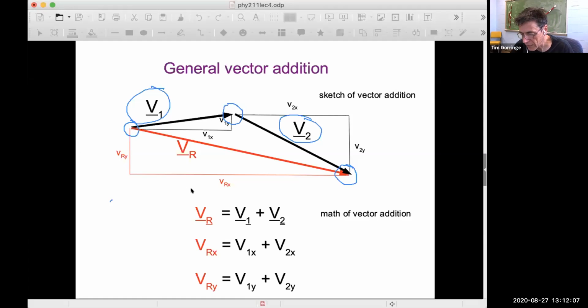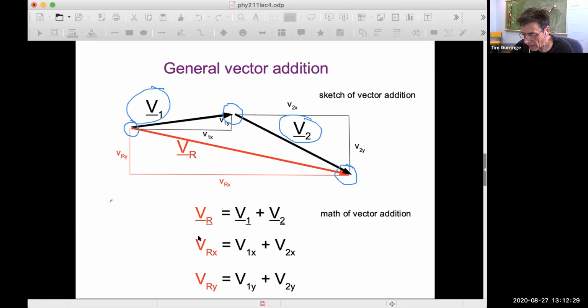So the key thing about adding together vectors, we want to add mathematically V1 and V2 to make the resulting vector, is that the addition of their components is simple addition, just like adding numbers, just like adding scalars.